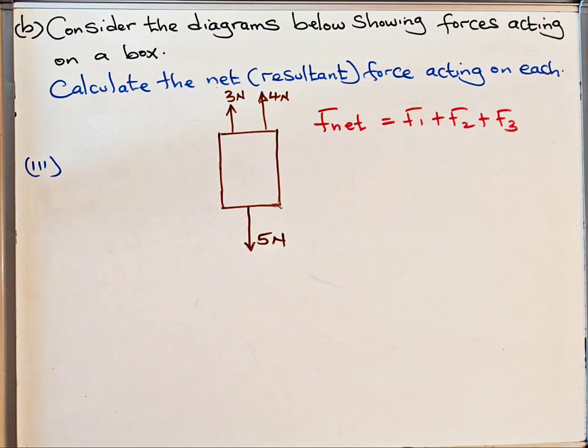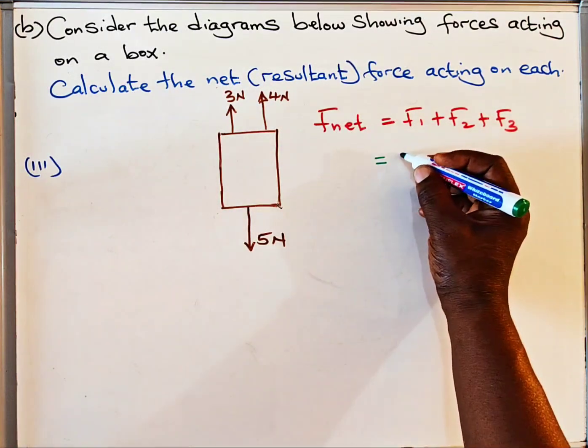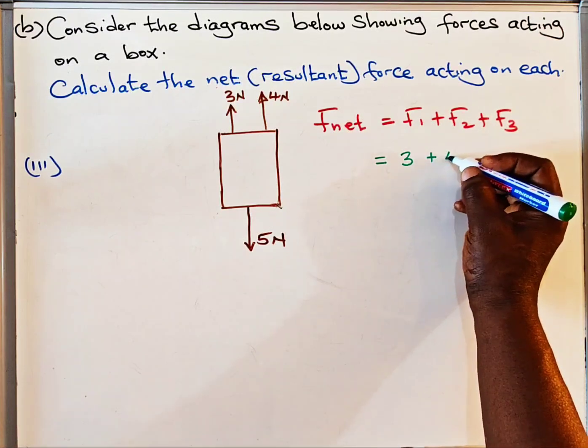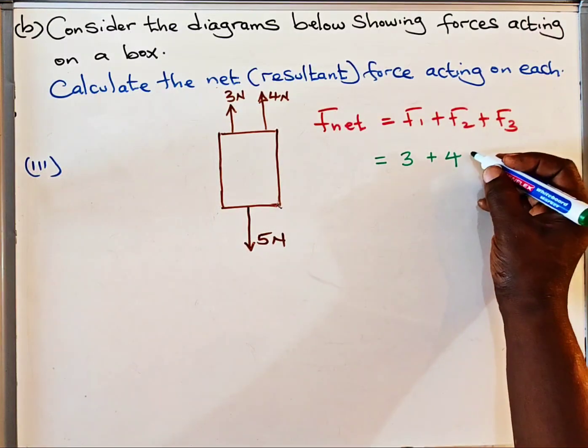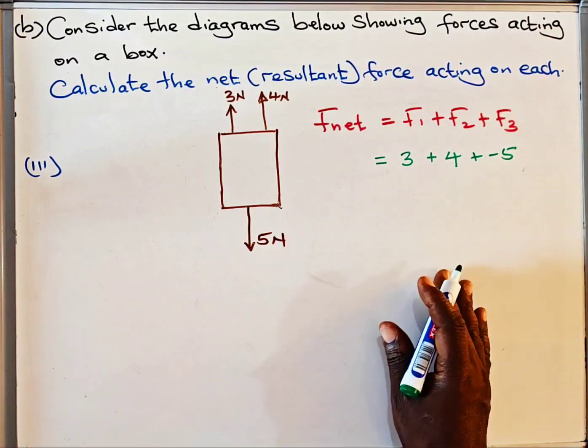Next we do the substitution. Our F1 is 3. Our F2 is 4. Our F3 is negative 5.